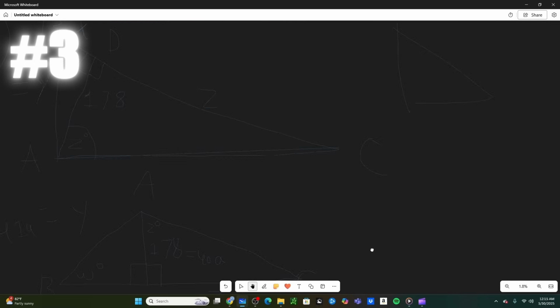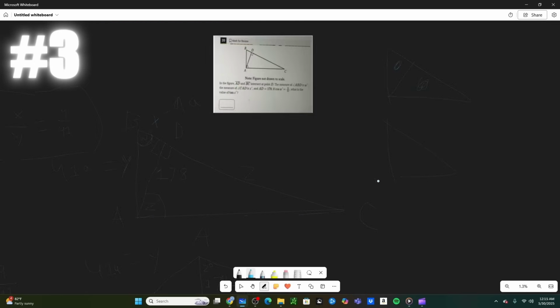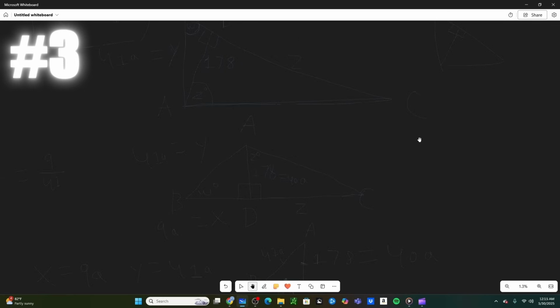We know that if we have one big triangle and we cut it to make two smaller triangles inside of it, those two triangles are going to be similar triangles, which means their proportions are the same. So the proportion of x to this side is going to be the same as the proportion of z to this side. So x to 178 is equal to the proportion of z to 178.